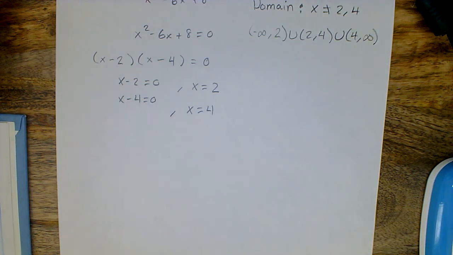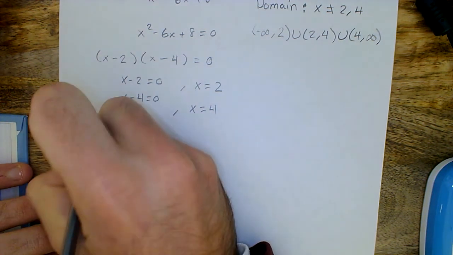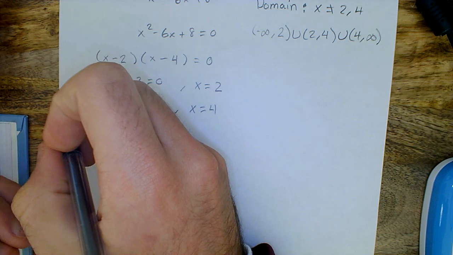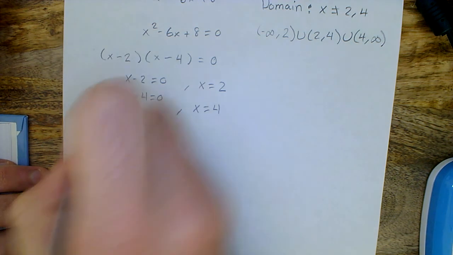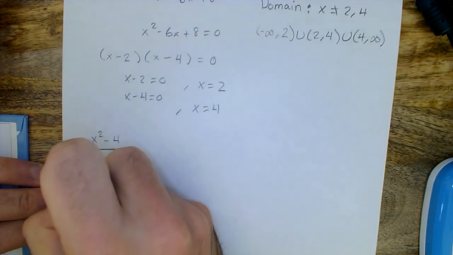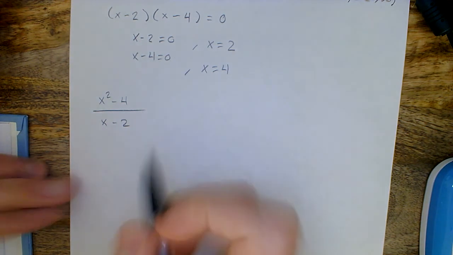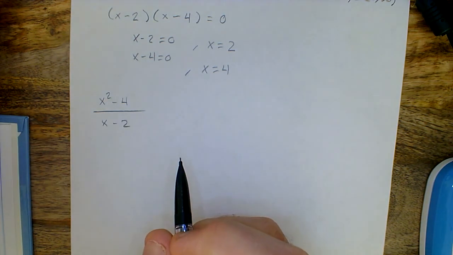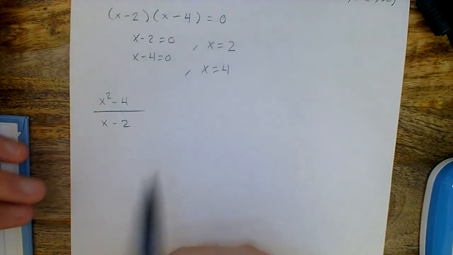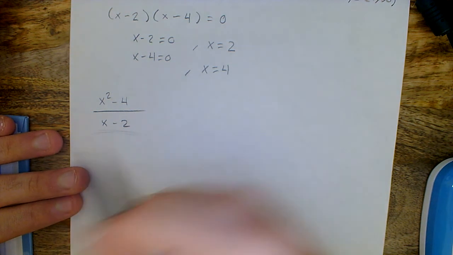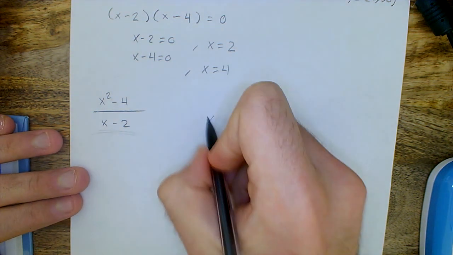Okay, let's do one more. So the last example we have here is x squared minus 4 divided by x minus 2. So find the domain of this one. We would just set this denominator, x minus 2, equal to 0.